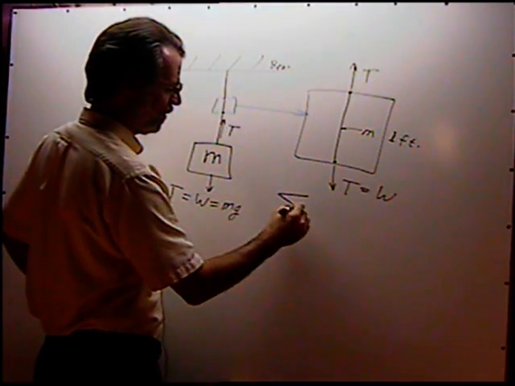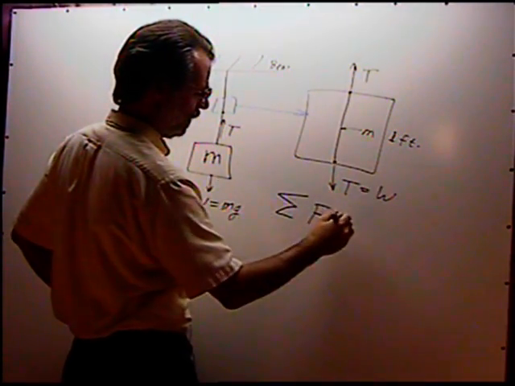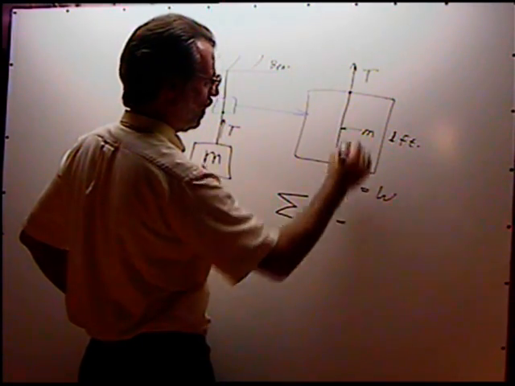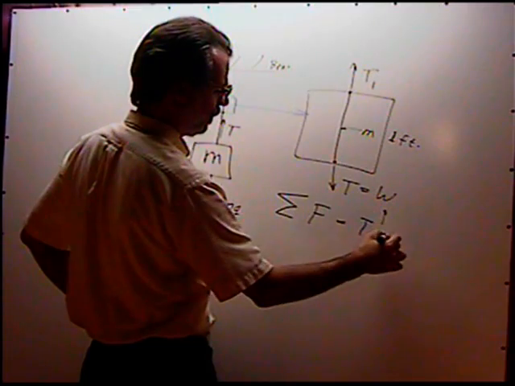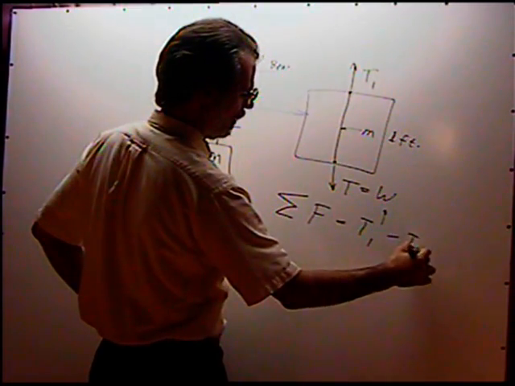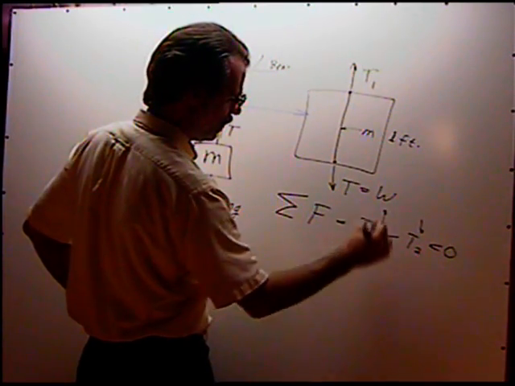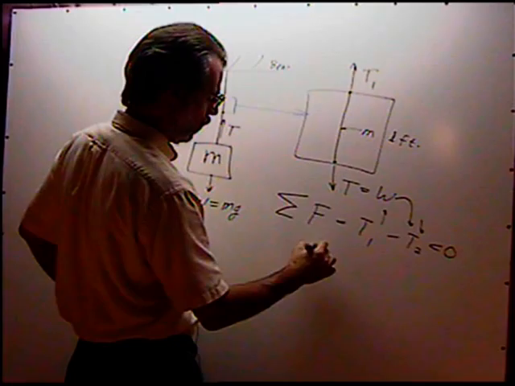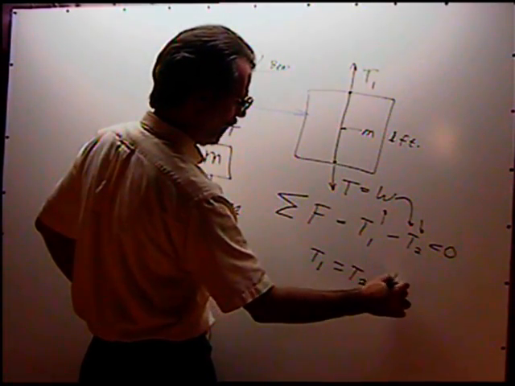The sum of the forces acting on this little stretch of rope: I'm going to call this tension 1 that acts up, and tension 2 acts down, and that's equal to 0. We know that tension 2 is actually just the weight. So tension 1 equals tension 2, which is equal to the weight.